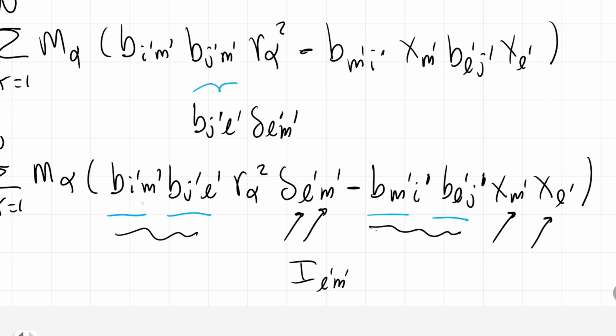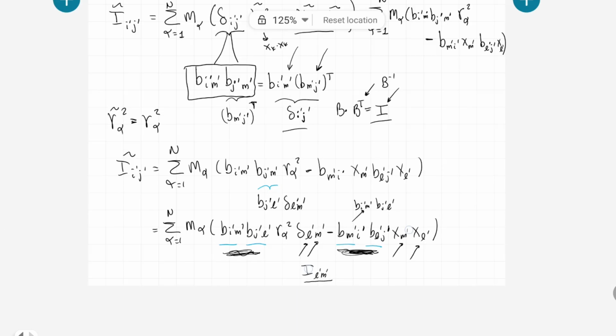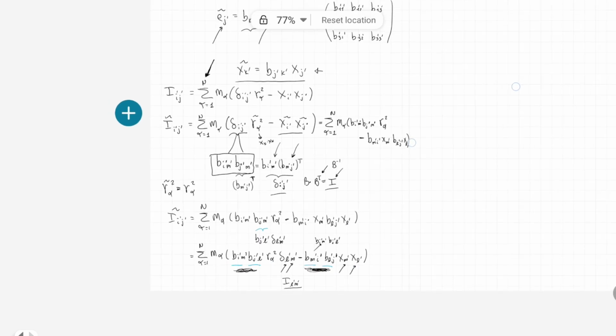So we can just rewrite this as b i prime m prime b j prime l prime. It is the same, so we have the same factor here and here, and we can take that common factor out.